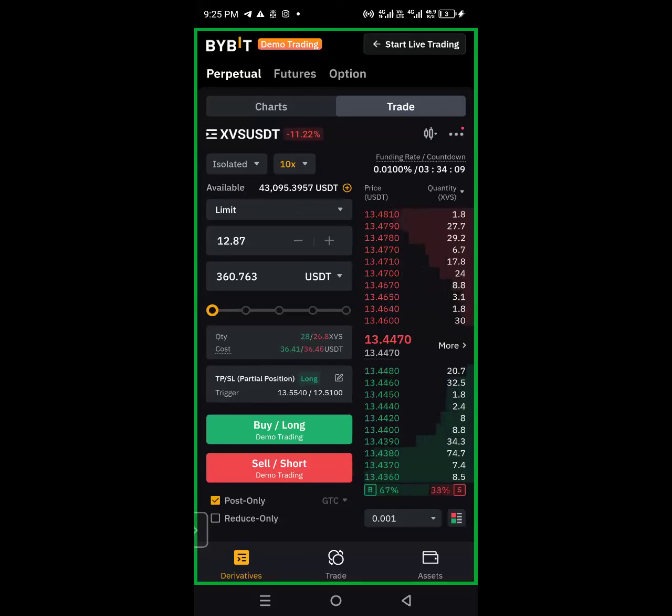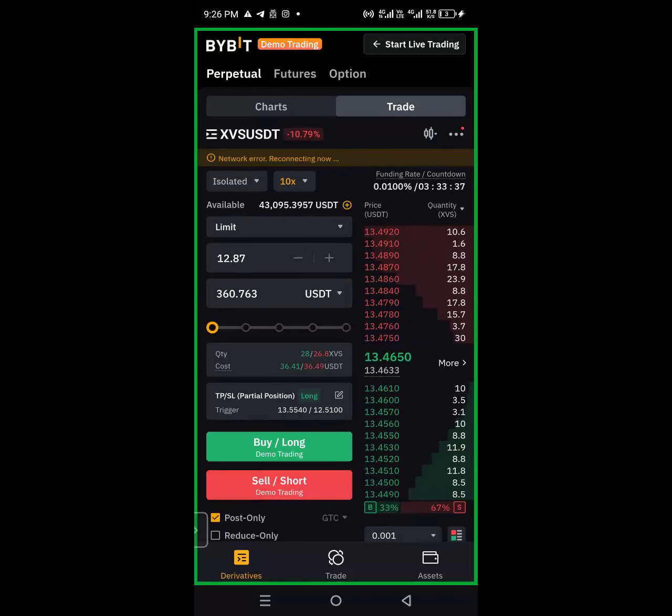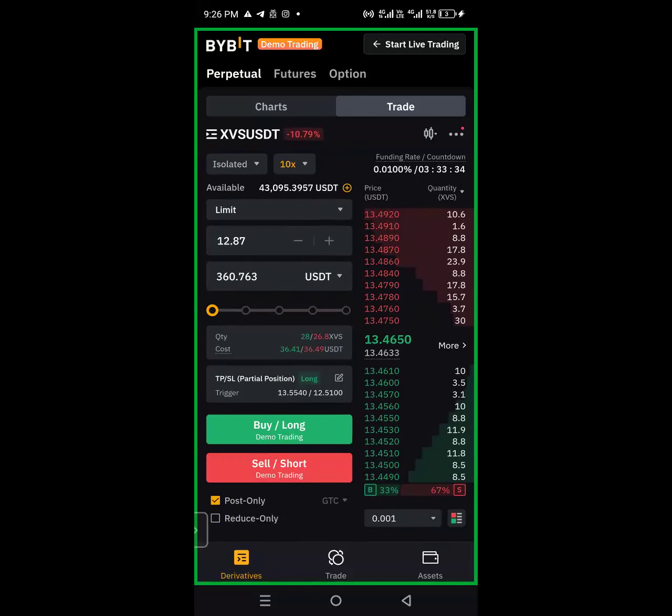For BTC USD, while intending to risk $5 and eventually risking $7, we were isolating some 7-point-something dollars for the trade idea. But now for XVS USDT, even with the fact that we are risking more than for BTC, all we will need to isolate in this trade is 36.41, which means we have the advantage of using the remaining available balance to take other trade ideas. Do you understand?